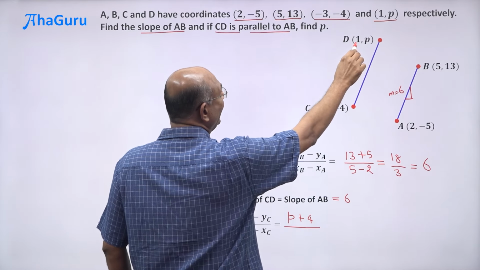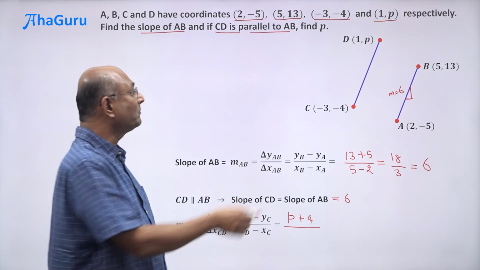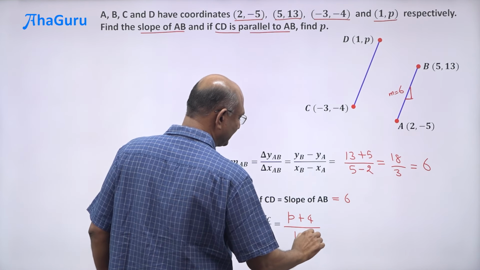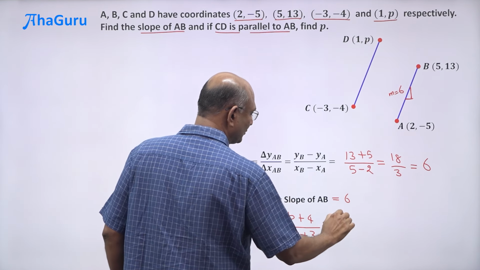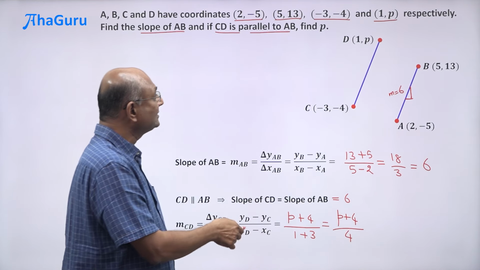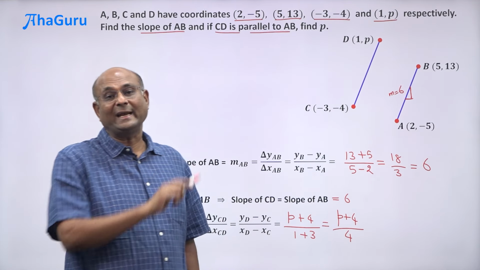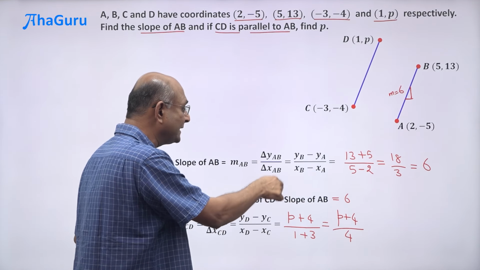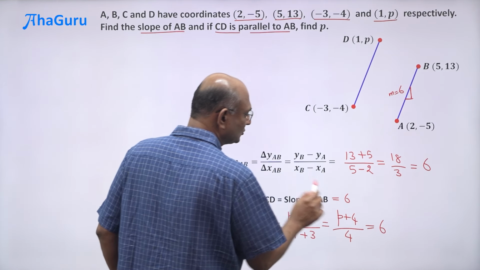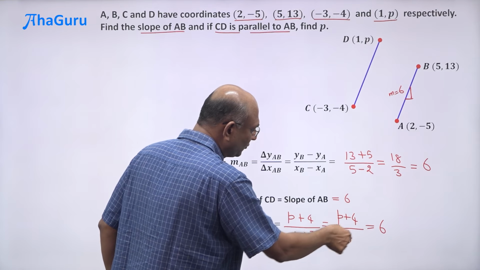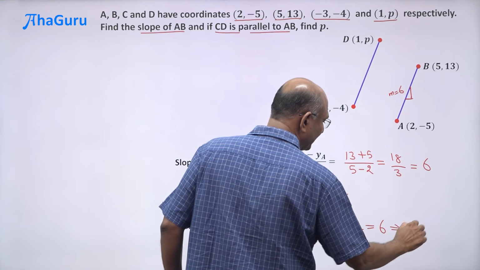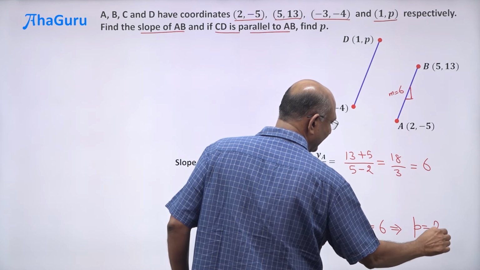And then XD minus XC, 1 minus of minus 3, which is 1 plus 3. And so I get P plus 4 by 4. But this is what I got by looking at C and D. But I already know the slope of CD is the same as slope of AB, which is 6. So this must be equal to 6. So what should be the value of P? 6 into 4, 24. 24 minus 4 is 20. So this means P must have a value of 20.